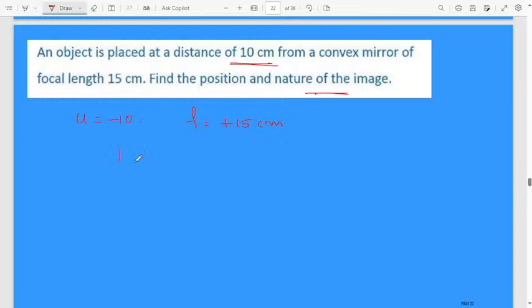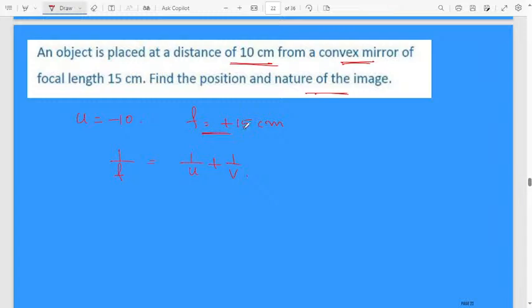You know the mirror formula, 1 by f is 1 by u plus 1 by v. Why do we consider f positive here, ma'am? Because the focus of a convex mirror is always behind the mirror. In the case of a convex mirror, we get the focus behind the mirror.